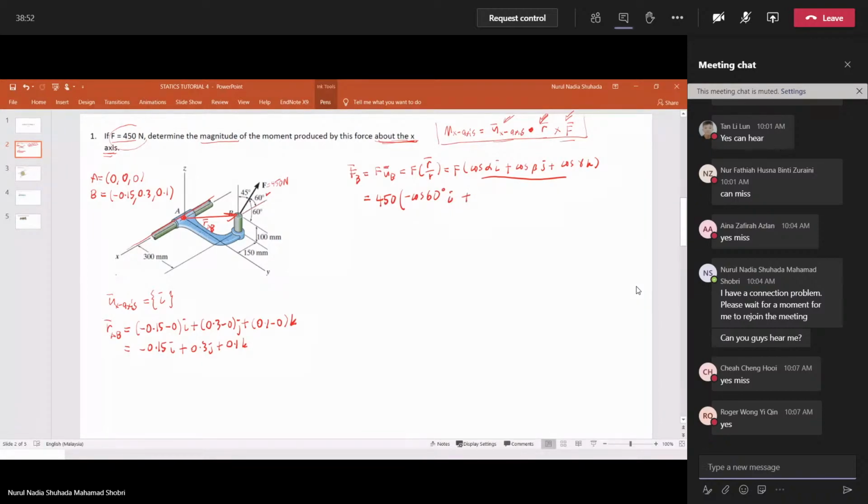Then j for the cos beta is the angle between here and here, and because it's in the positive y-axis, it should be positive cos 60 degree j. And then gamma is the angle between the force and the z-axis, 45. It's plus because it's on the positive side of the z-axis.